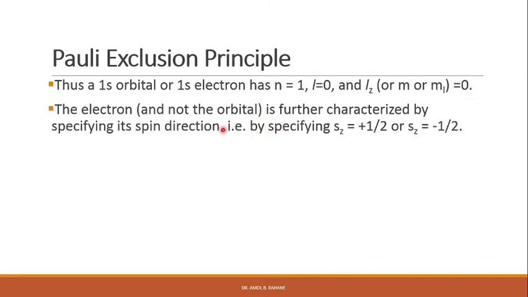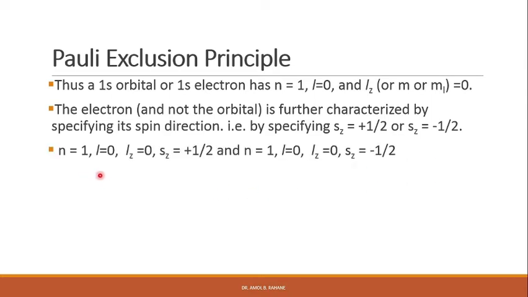The electron, and not the orbital, is further characterized by specifying its spin direction, that is, by specifying Sz equal to plus half or Sz equal to minus half. Thus we can write n equal to 1, l equal to 0, Lz equal to 0, Sz equal to plus half, and n equal to 1, l equal to 0, Lz equal to 0, Sz equal to minus half.